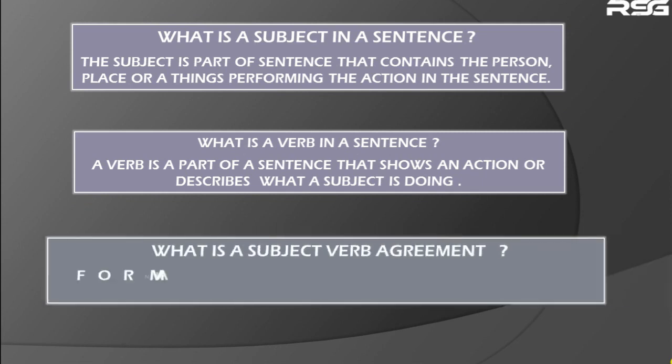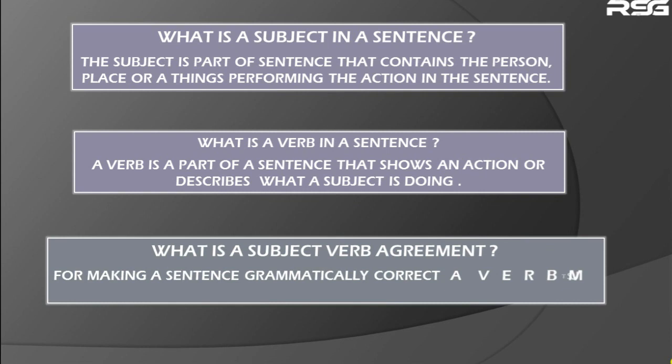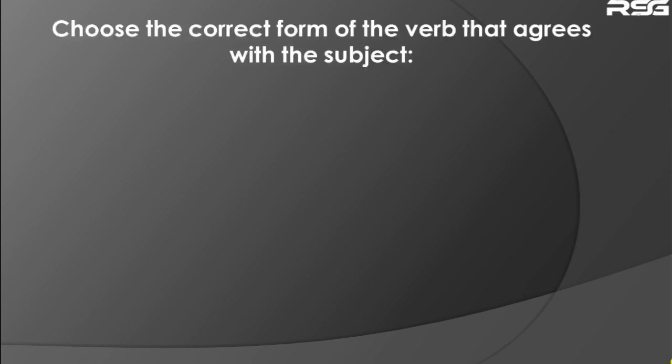Well, for making a sentence grammatically correct, a verb must agree with its subject in number. So, keeping this brief idea in our mind, we shall try to solve some exercises relating to this topic. Now, let us switch on to the exercise.